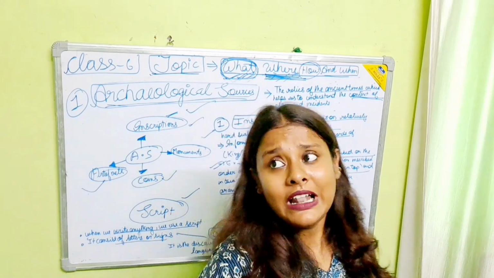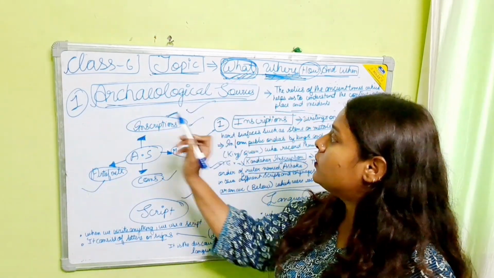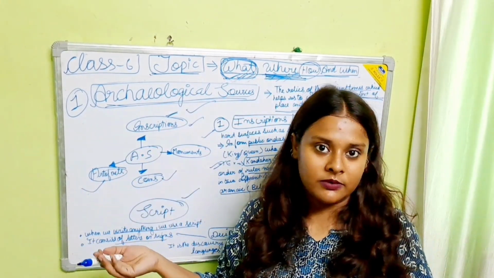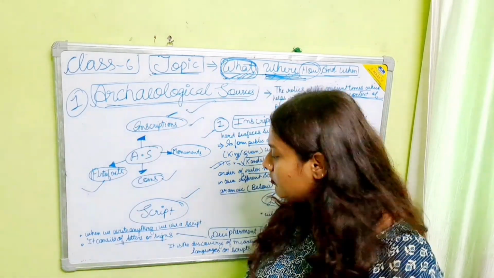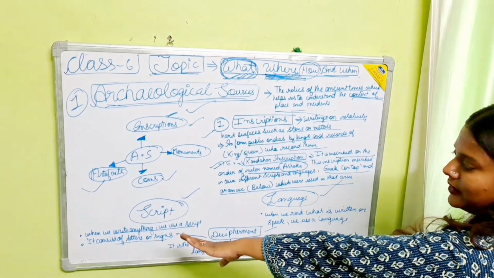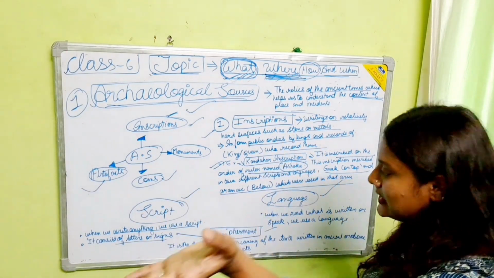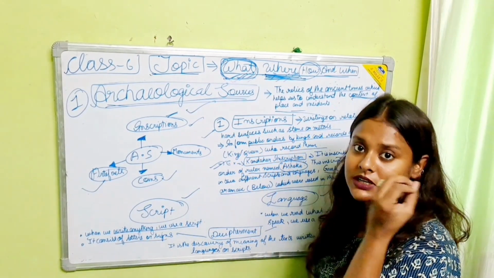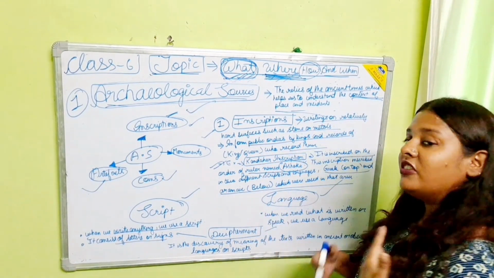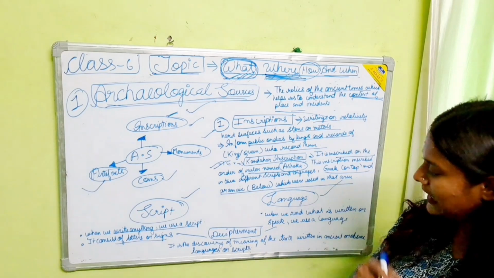When I read the archaeological sources, this is my language, and the writing is script. I hope it is clear now. Script consists of letters and symbols, and for writing anything we use a script. And when we read what is written, it is a language.